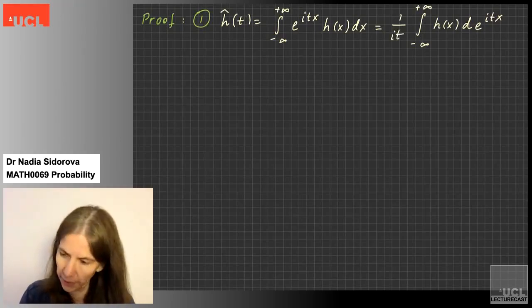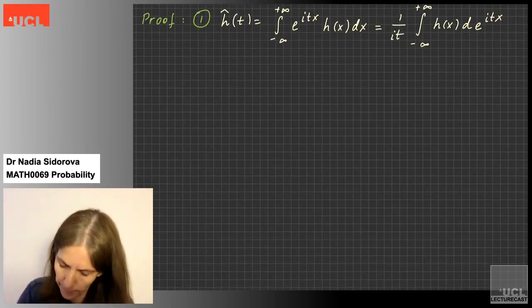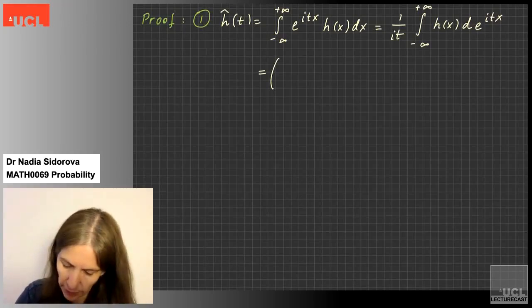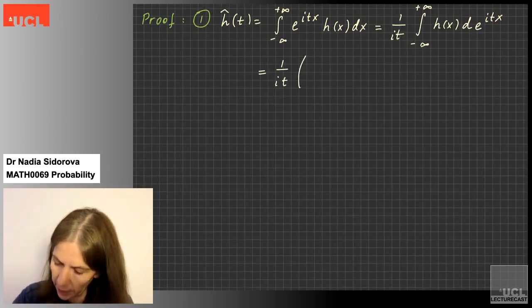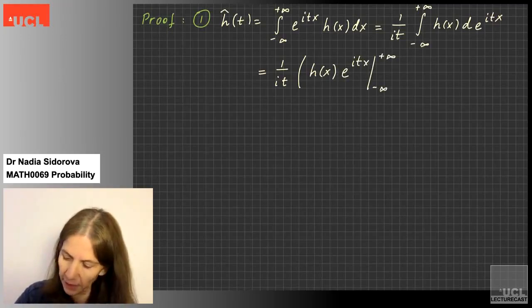And now the integration by parts formula tells me, don't forget the factor 1 over it, that I need to take the product of h and e to the power itx and substitute minus infinity and plus infinity here.